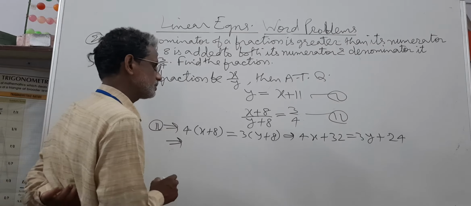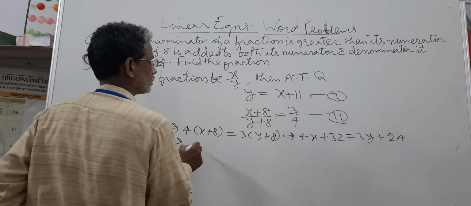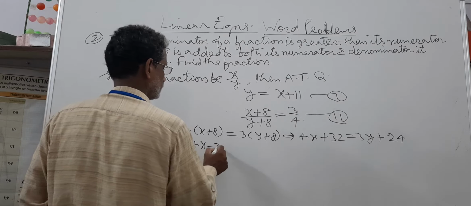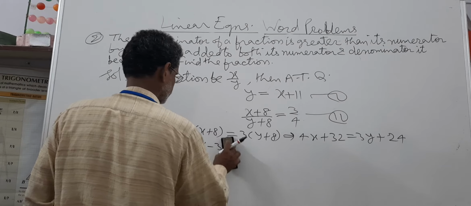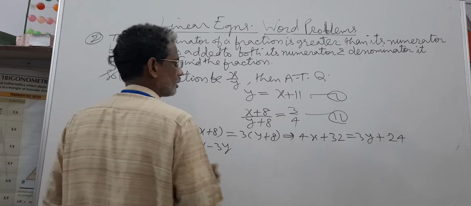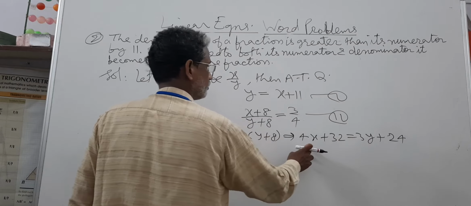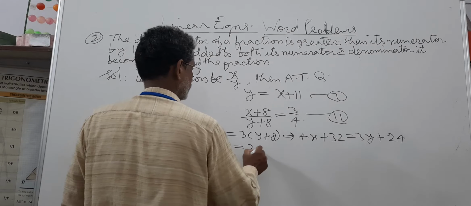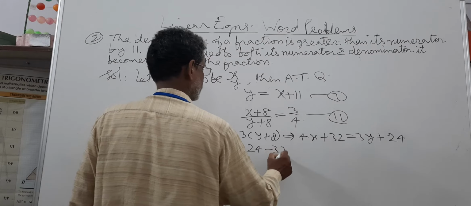This implies 4x minus 3y is equal to 24 minus 32.